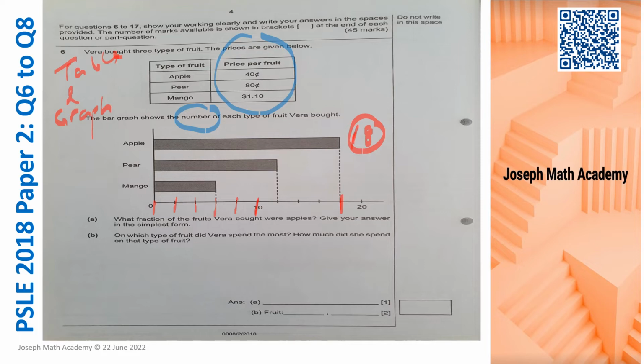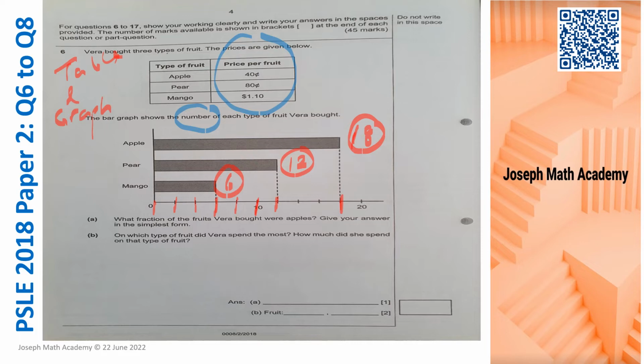I'm going to move on to the number of pears. It is here, so it is 12. For the number of mangoes, it is here, 6. So having these values in mind, I can go back to the table. Each apple costs 40 cents.